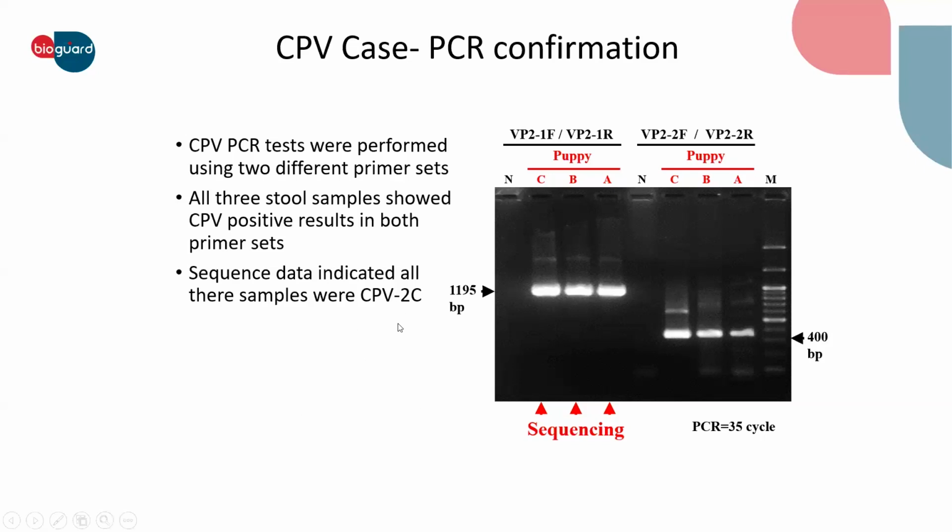And the sequencing results show all three are CPV2C of the virus, and it's reasonable because all three are from the same litter. So the virus they were infected with should be from the same strain.